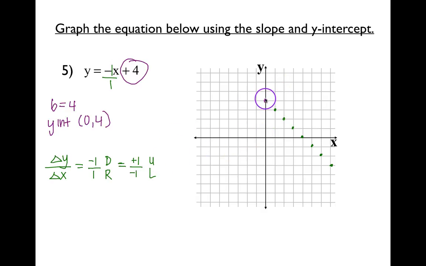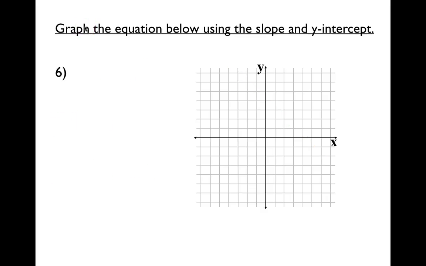So starting here, I'm going to do 1 up, 1 to the left, 1 up, 1 to the left, 1 up, 1 to the left. By this point, simply draw in your line. Draw a better line than that. And you're done. Cool. So hopefully you were able to get this one right.